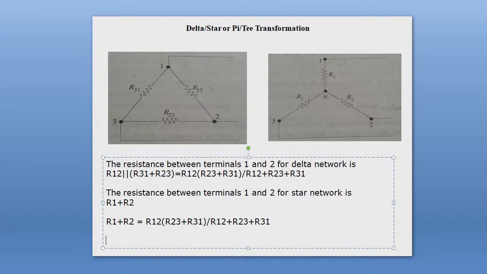These resistances are R2 and R3. Therefore we can write R2 plus R3 equal to how much?